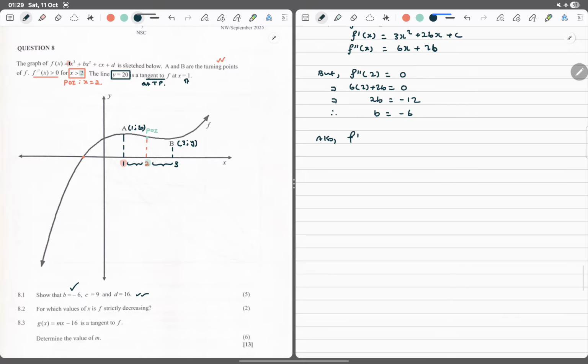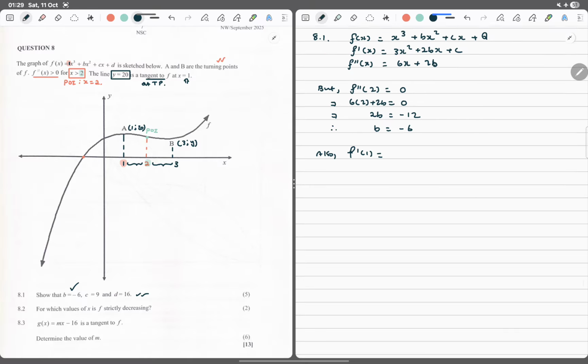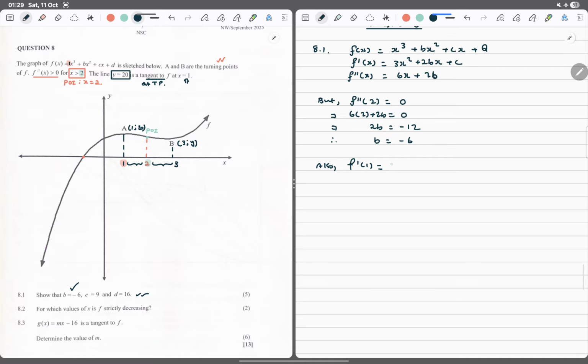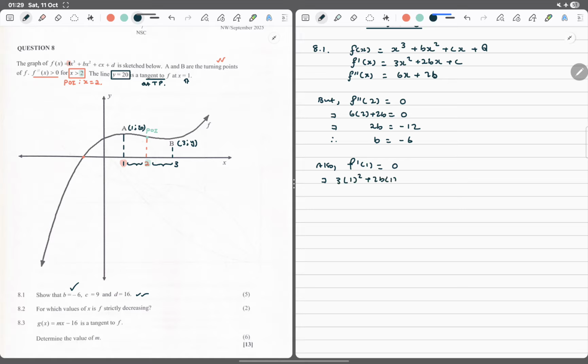You can say also, we know, folks, that f prime of 1 is equal to 0. We knew it. This implies that 3 instead of x, we put 1 there, plus 2b into 1, plus c is equal to 0. So we move on.